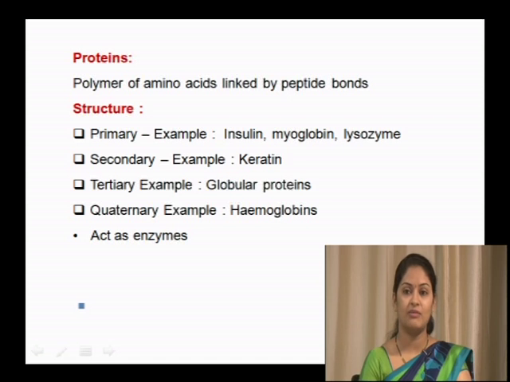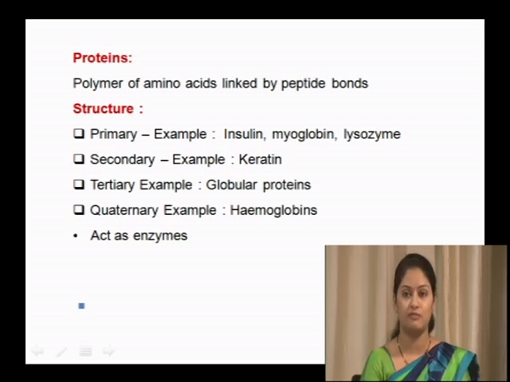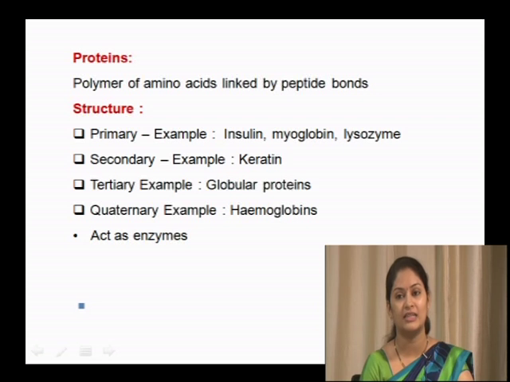Quaternary proteins are made up of more than two polypeptide chains associated with each other, for example hemoglobin, which contains two kinds of polypeptide chains, the alpha chain and the beta chain. The last function is also mentioned, a special and very important function of proteins: they also act as enzymes.